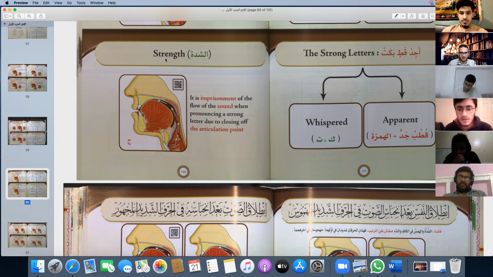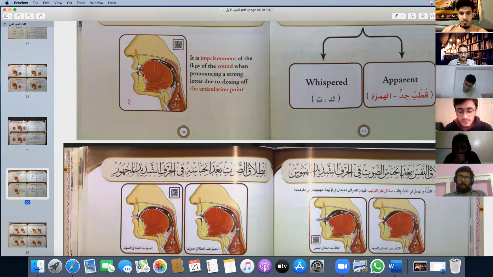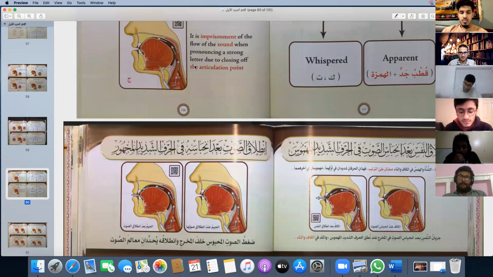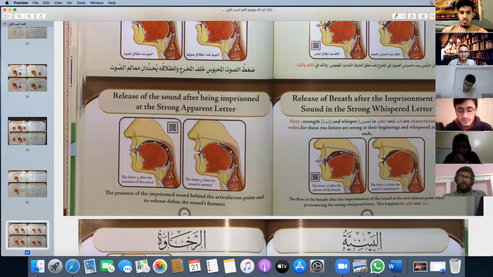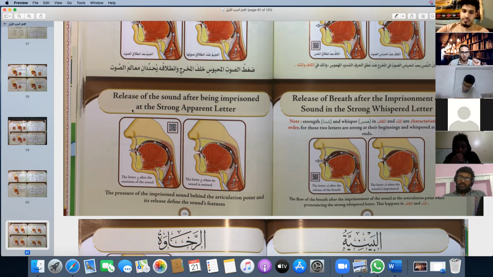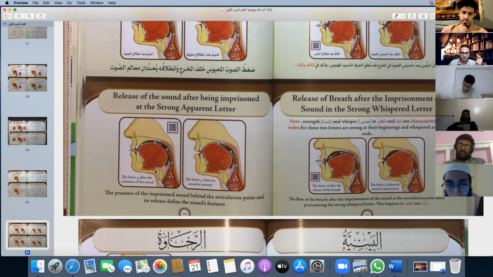Okay, guys, is the strength, shidda, clear? Okay. Very good. Now we have two examples of the strong letters, which I explain briefly. Release of the sound after being imprisoned at a strong apparent letter, like jim.